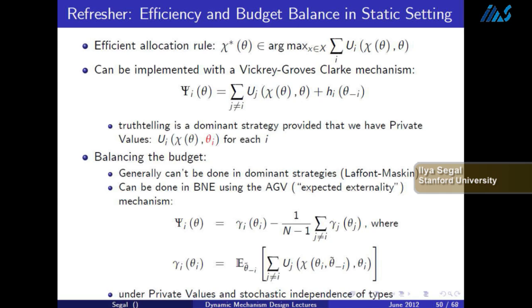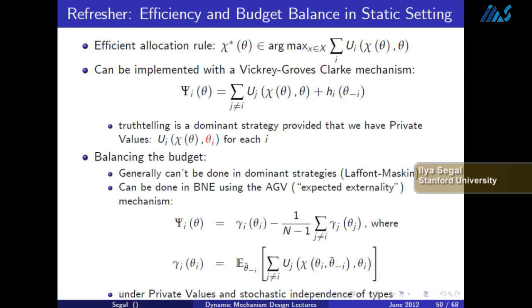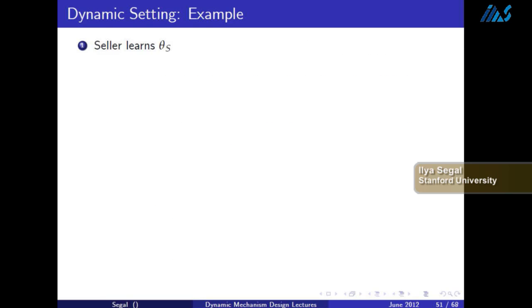Okay, so now that we recalled all the static mechanism design, now we go to the dynamic setting, and here I'll start with an example to show why it doesn't just easily extend, why there's this extra complexity.